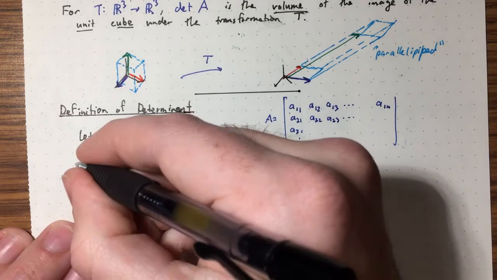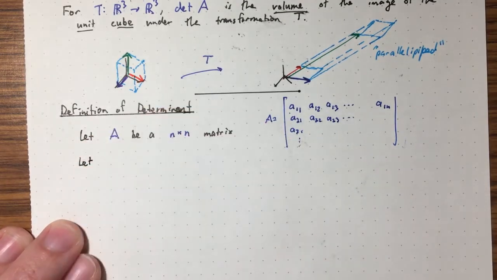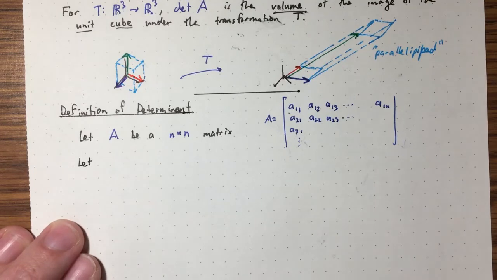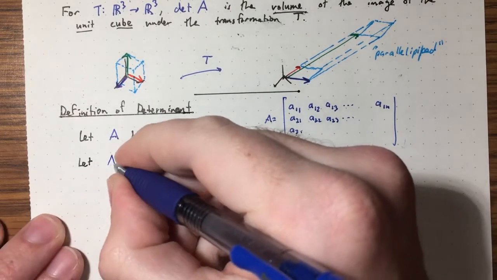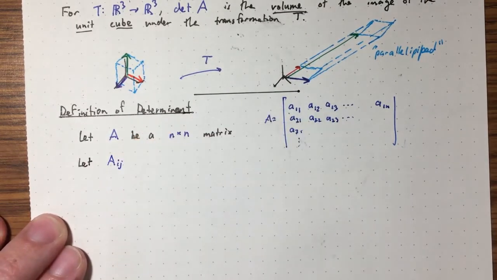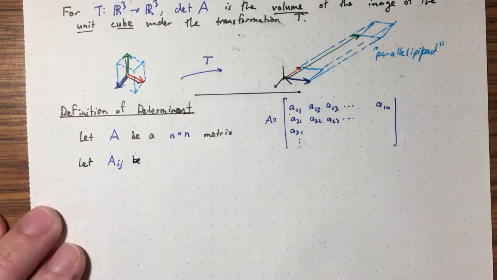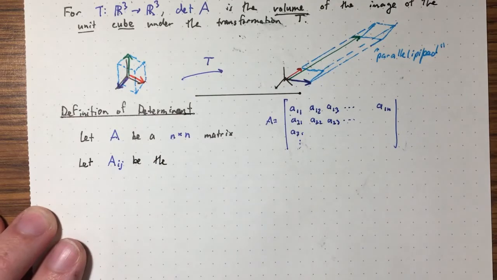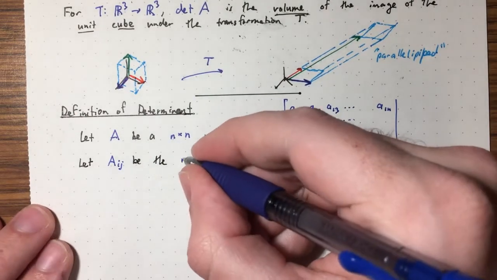First thing I want to do is define the cofactor of an entry in this matrix. But I think I'll need to do that in 2 steps. So I'm going to let Aij be something very specific. This is going to be the submatrix, and it's actually going to have dimension 1 less.